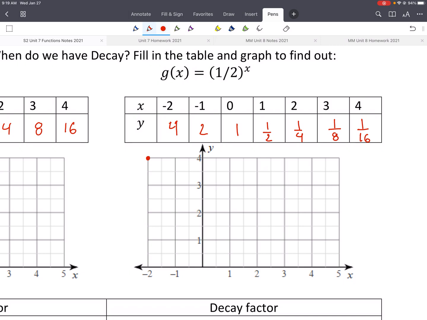So we have at -2, it's 4, and then 2, and then 1, then a half, fourth, eighth, and then it's getting so small that you probably can't see it very well. Okay, and it never will reach 0. So that's one thing that's kind of interesting about exponential functions. At least the form that we have it, it will never cross the x-axis. You can do other things like transformations that would make that happen.